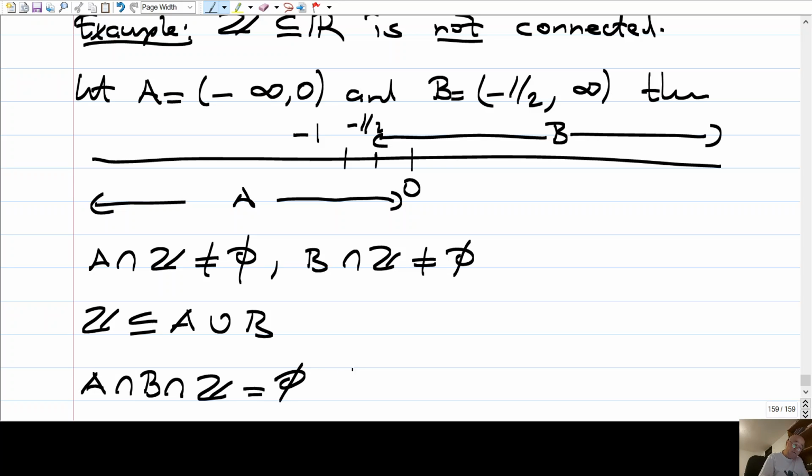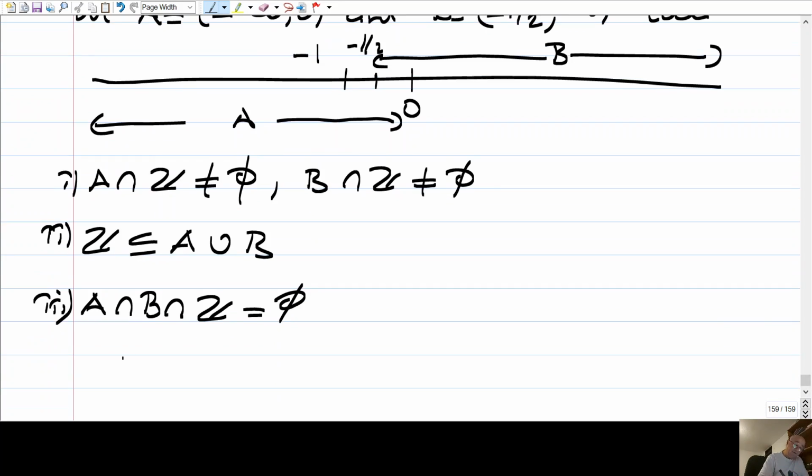So all these three conditions of being a separation are satisfied. Hence, Z is disconnected.